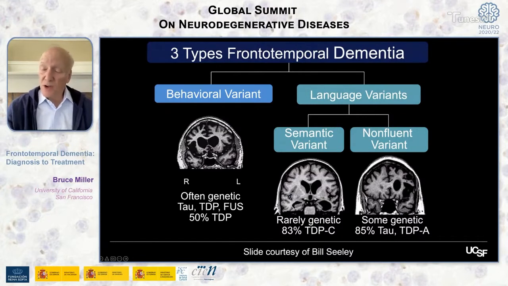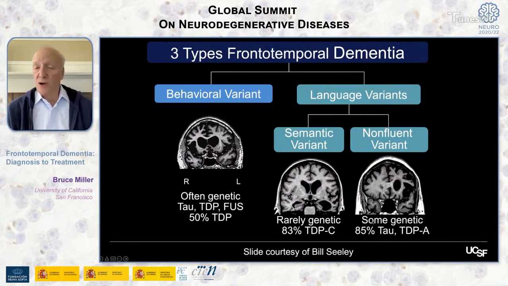Non-fluent variant, a very different pathologic clinical story. This affects the left frontal opercular region asymmetrically. Some cases are genetic. When it is genetic, it is usually associated with TDP-A pathology and progranulin mutations.